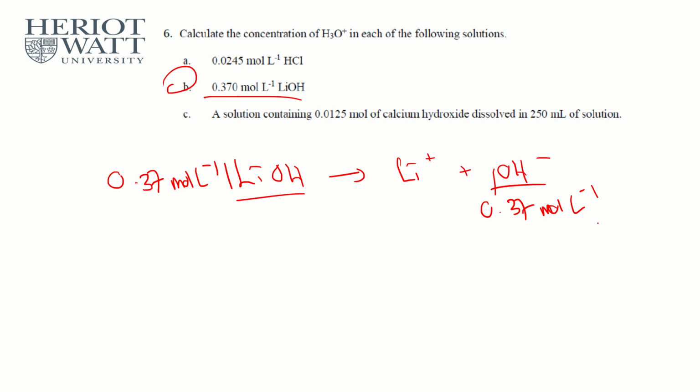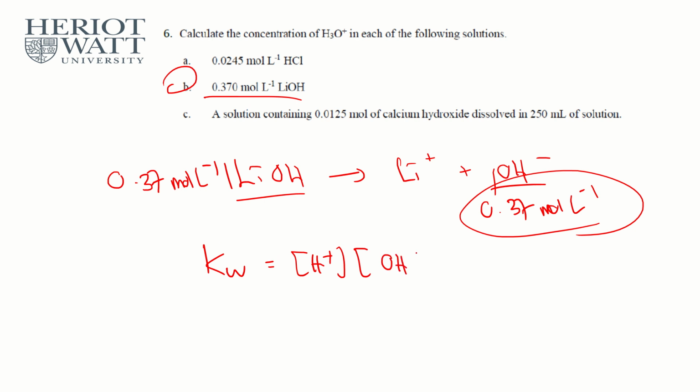Yeah, there you go. This is the concentration of OH, but that's not the answer because they want the concentration of H plus. So how to do that? Kw equals the concentration of H plus times the concentration of OH minus. Do you remember that for pure water? And the Kw value at 25 degrees C, since it is not given, always assume that it's standard conditions.